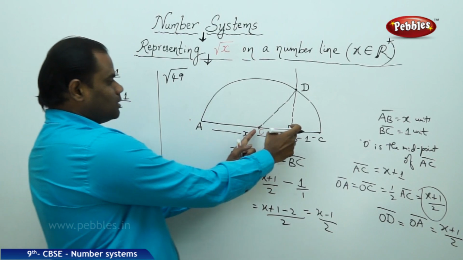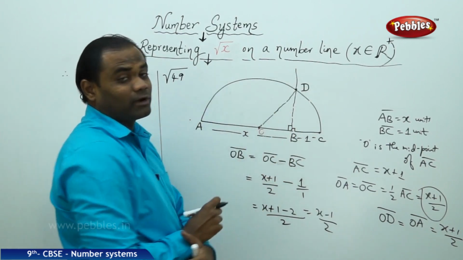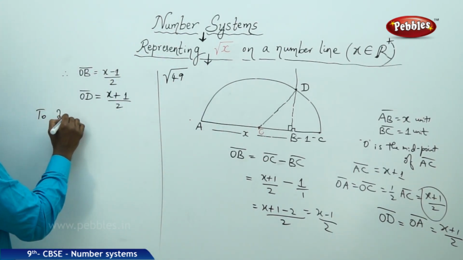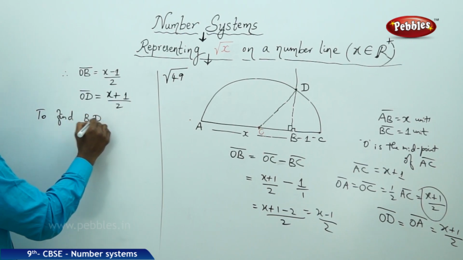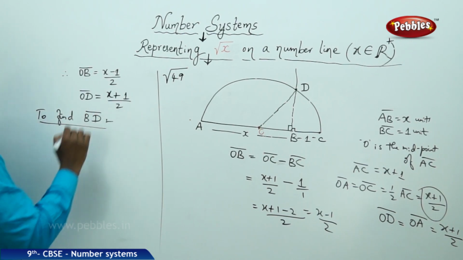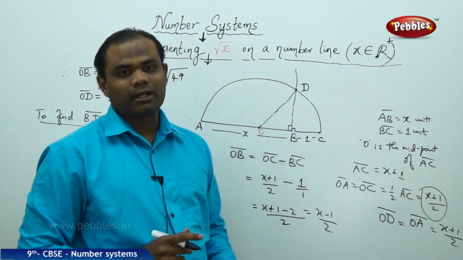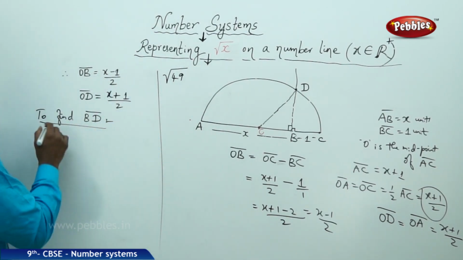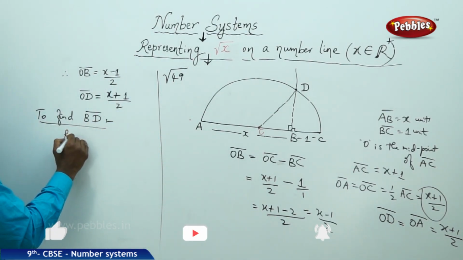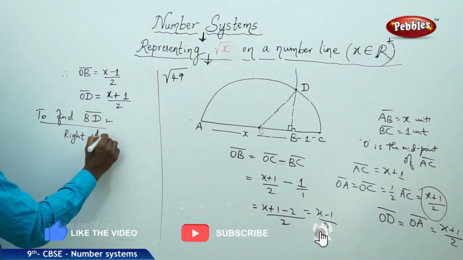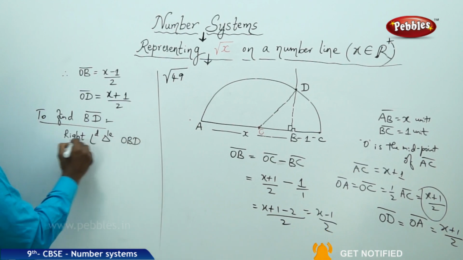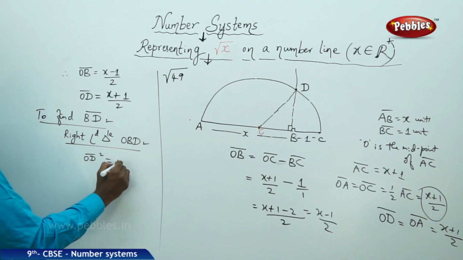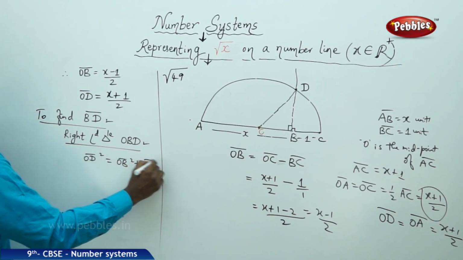Now I have OB and OD, through which I am going to find the length BD. We use the right angled triangle OBD and, through the Pythagoras theorem, find the length BD. In the right angled triangle OBD, OD square equals OB square plus BD square.